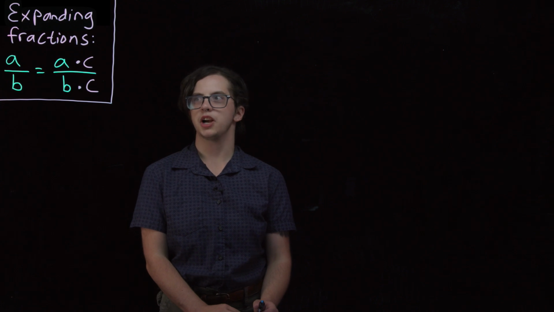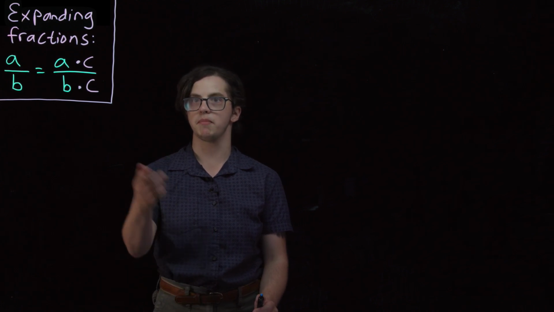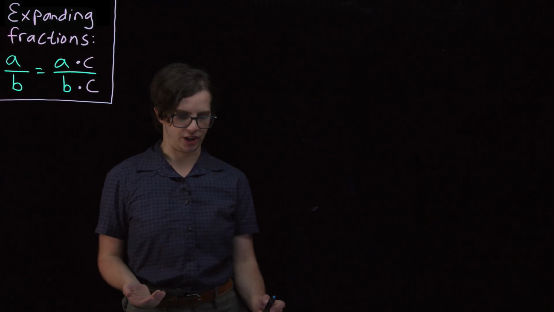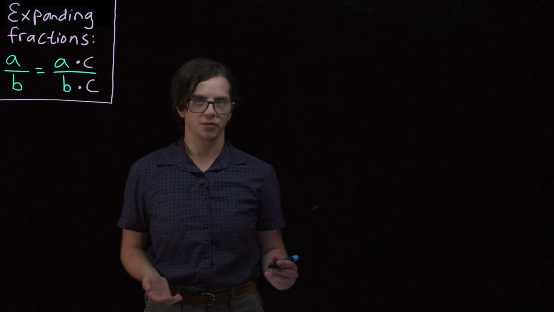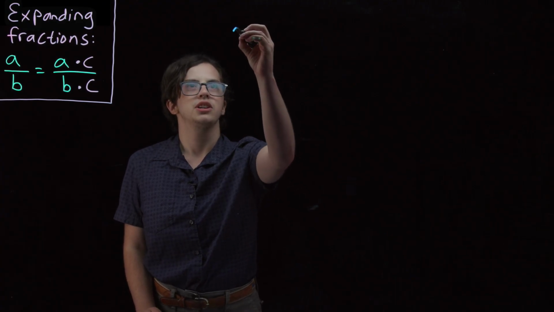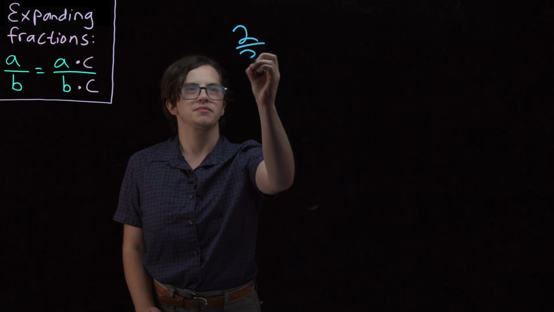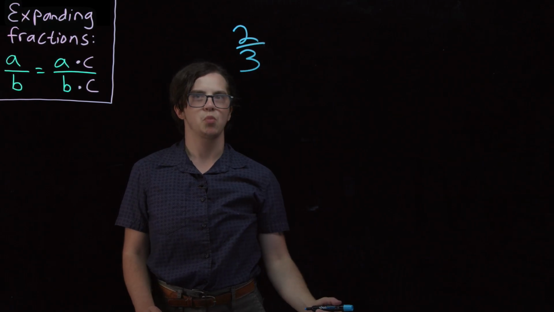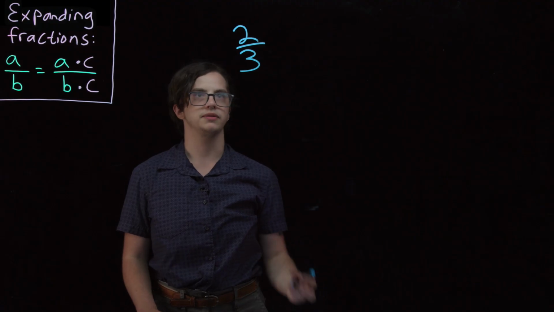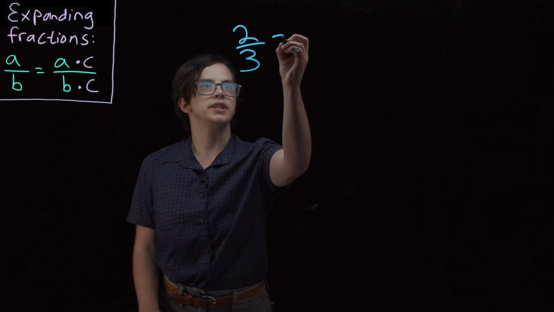So Brenna just showed us how we can expand fractions by multiplying the numerator and the denominator by the same number. We can do this with any fraction. So we already did it with 1/2. What if we did it with 2/3 instead? I would like to give 2/3 a denominator of 12. So I'm going to take 2/3.